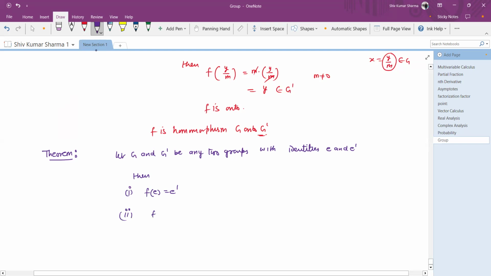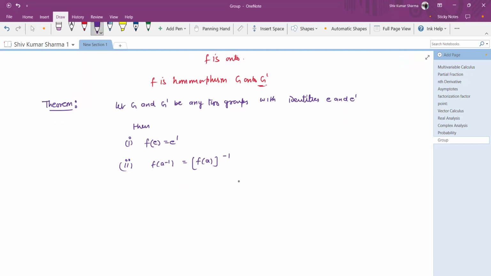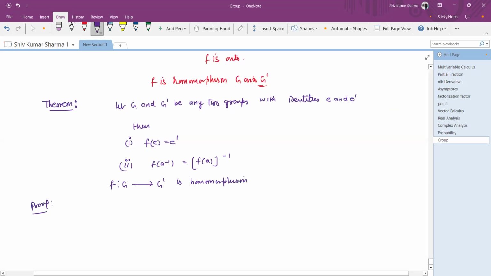Second, we shall prove f of a inverse is equal to f of a, to the whole inverse. We write down that the function from G to G dash is a homomorphism.